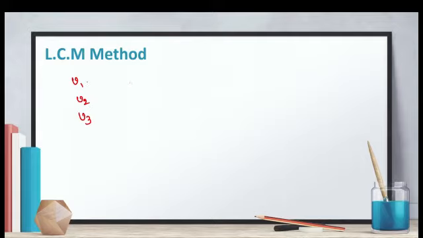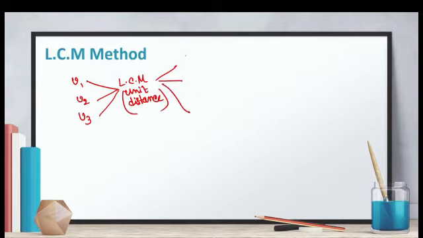And if we take the LCM of these three speeds, what we will get? We will get the unit distance. And if we divide this unit distance by V1, V2 and V3, we will get the times, that is T1, T2 and T3.